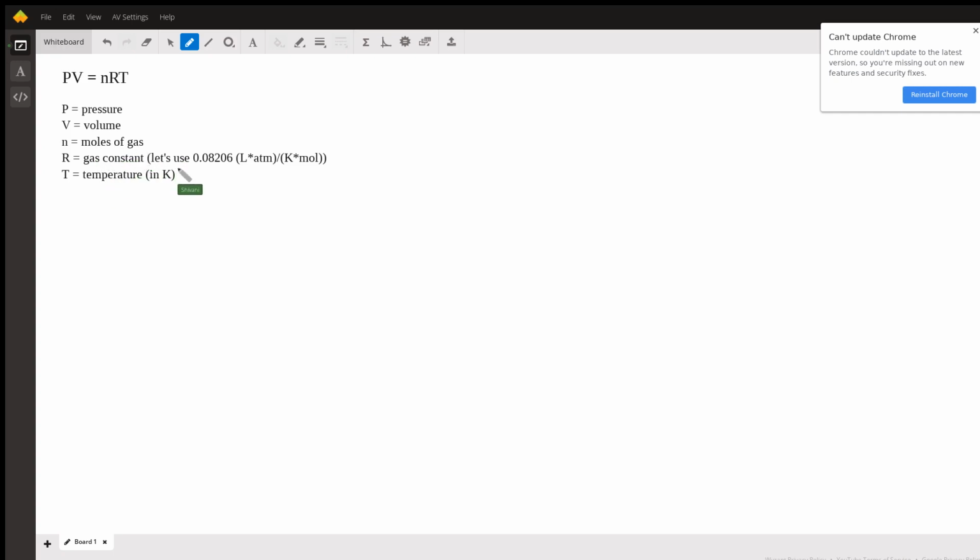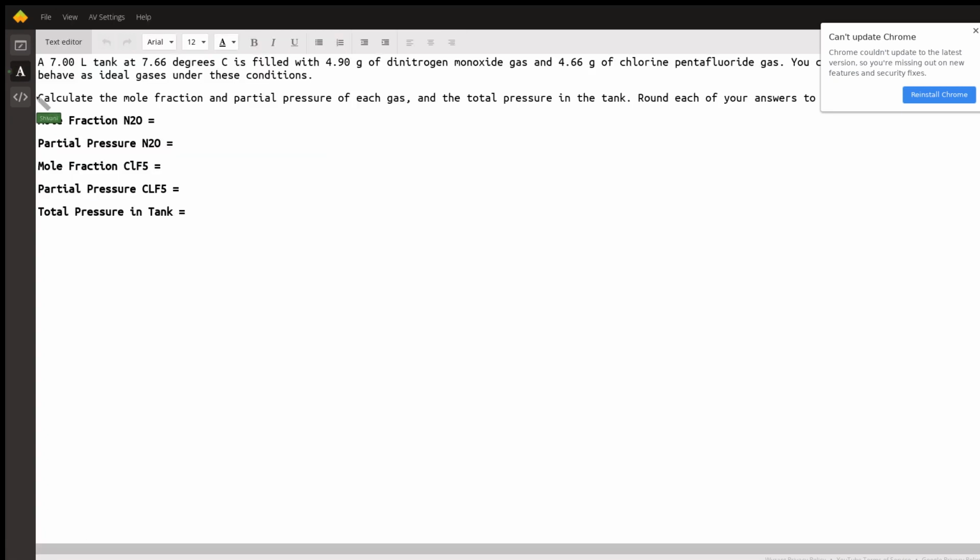In this case, let's use 0.08206 liters times atm over Kelvin times mole. With this gas constant, the pressure we calculate will be in atmospheres. T is the temperature in Kelvin, so we need to make some conversions.